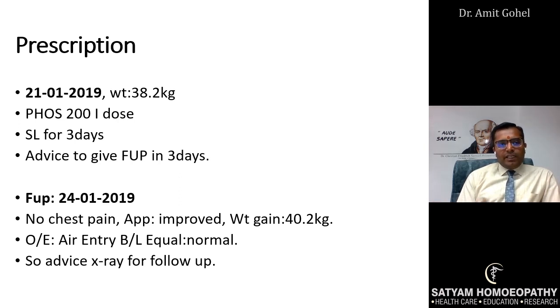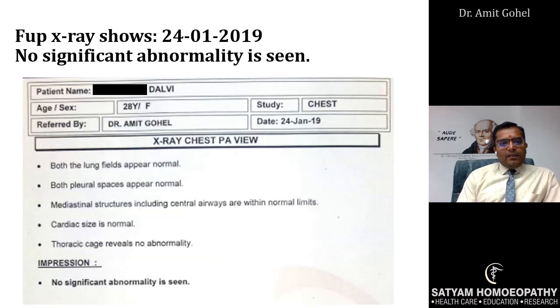So within 3 days, I thought that we need to repeat the X-ray. I repeated the X-ray, and on 24th of Jan, the X-ray shows no significant abnormality. Everything was gone.